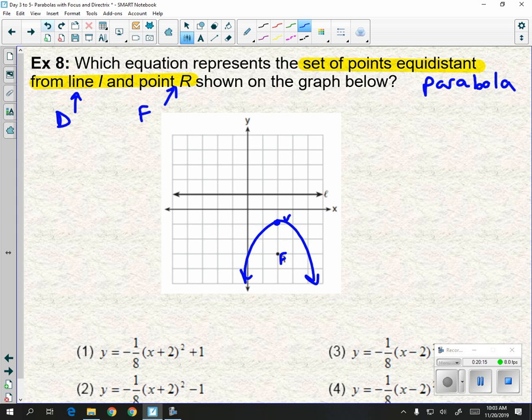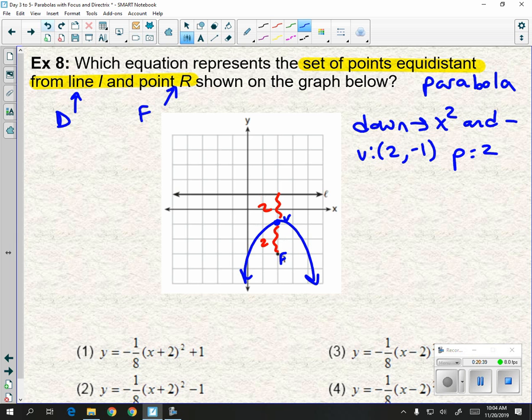Now because it's opening downwards, we know that you have x squared and negative. And our vertex is at 2, negative 1. Your p-value is 2.